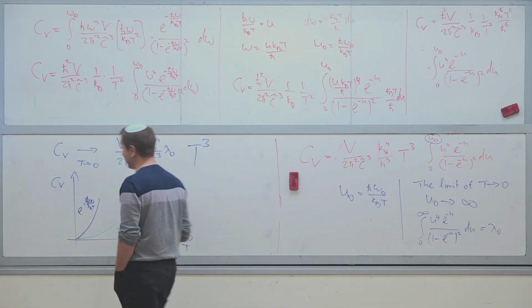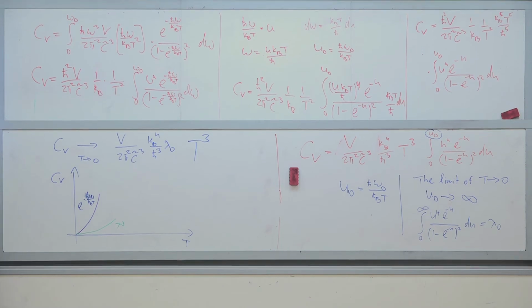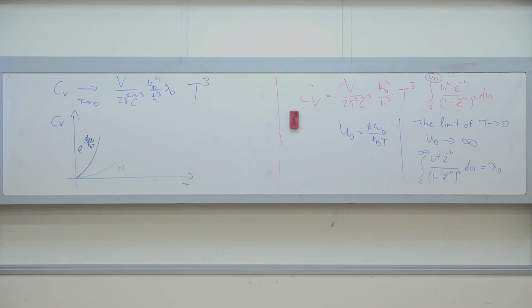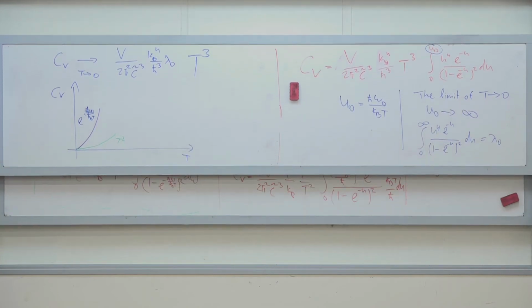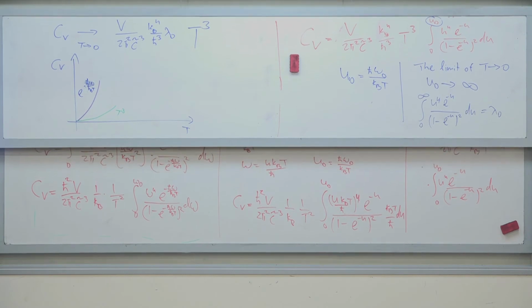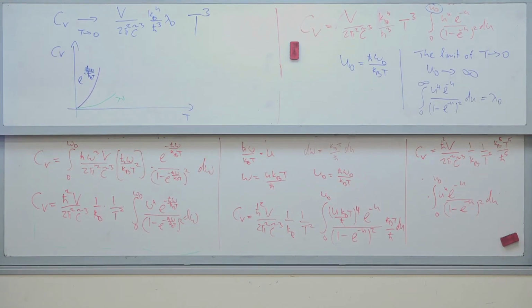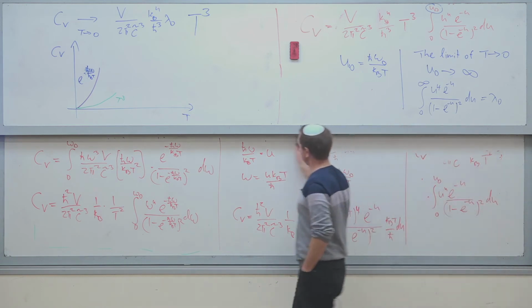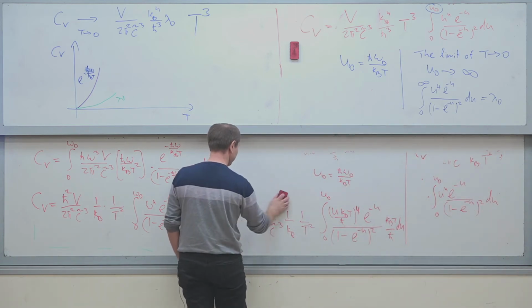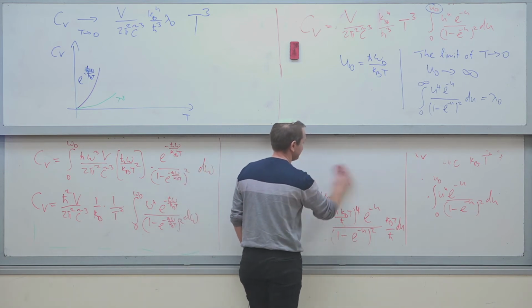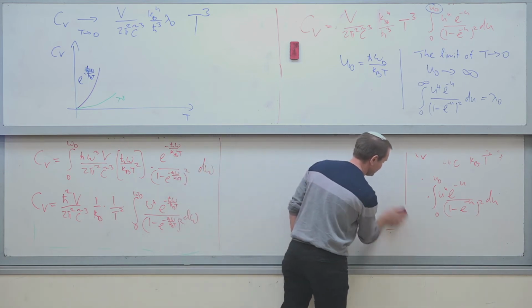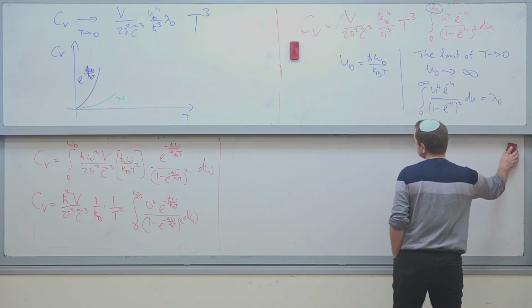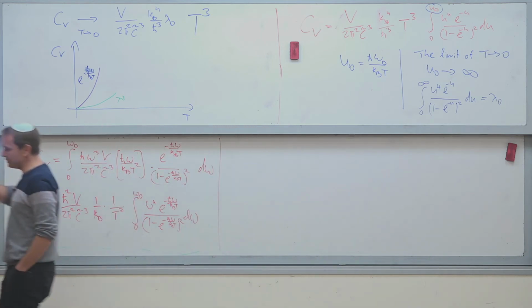What happens at the high temperatures? We need to solve this integral when u_D goes where?